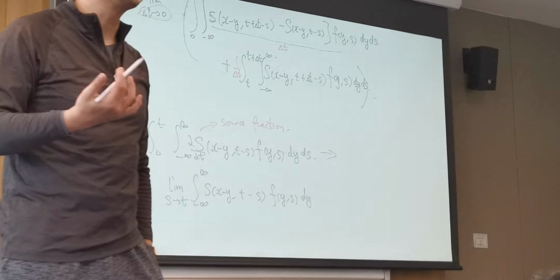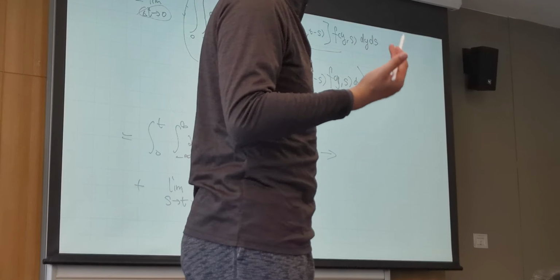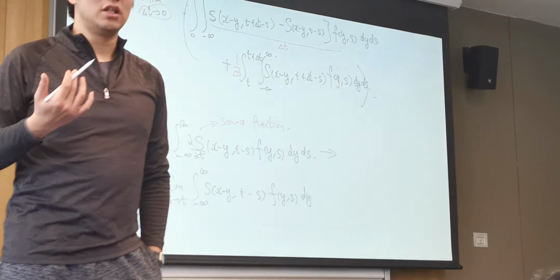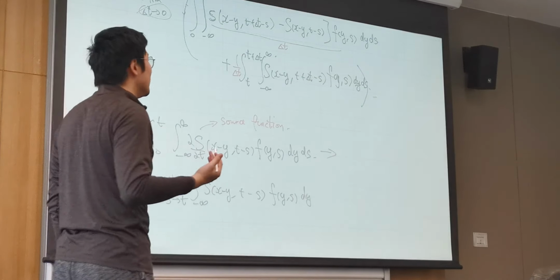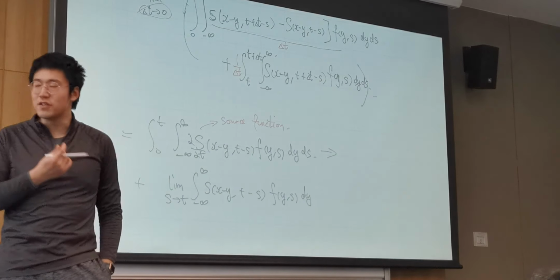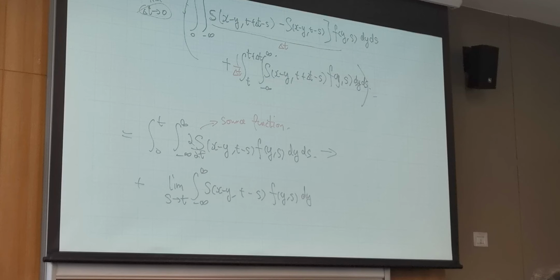The source function is also a solution, one specific solution to the diffusion equation, but from what type of initial condition?